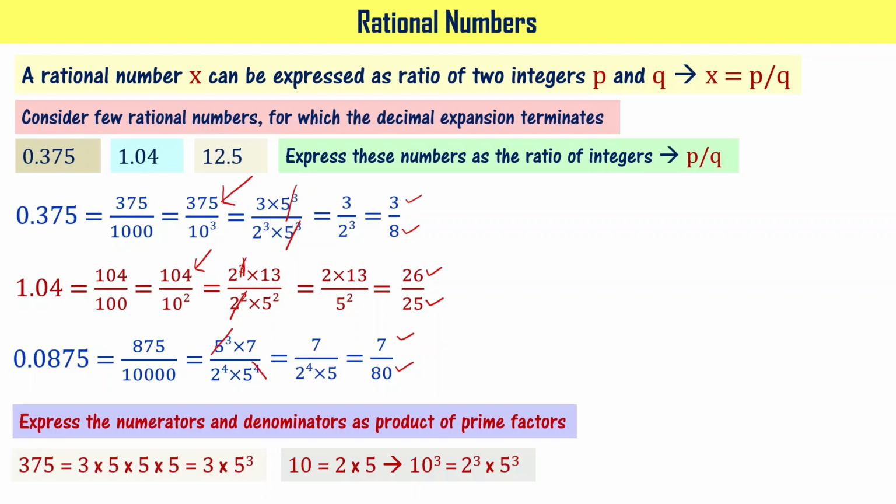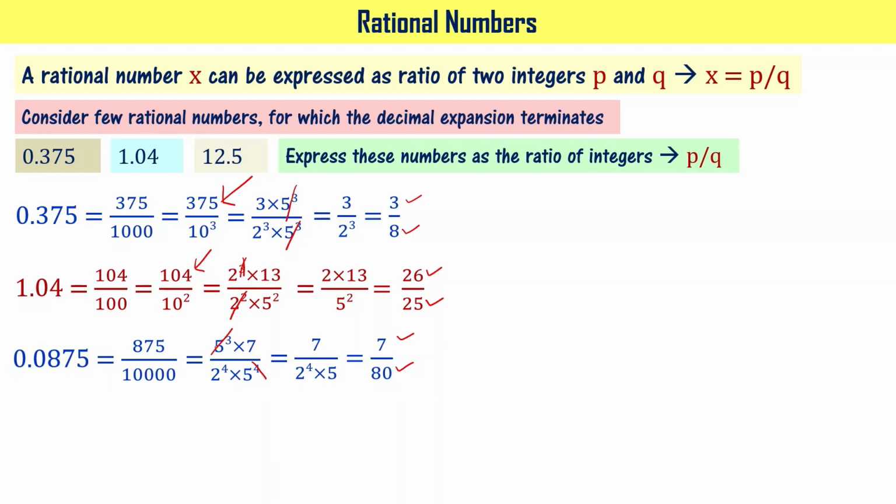If you observe these numbers, 3 and 8 are co-primes. It means they have only 1 as the common factor, and 26 and 25 is another pair of co-primes, and 7 and 80 is also a pair of co-primes, right? It means your p and q are co-prime numbers.